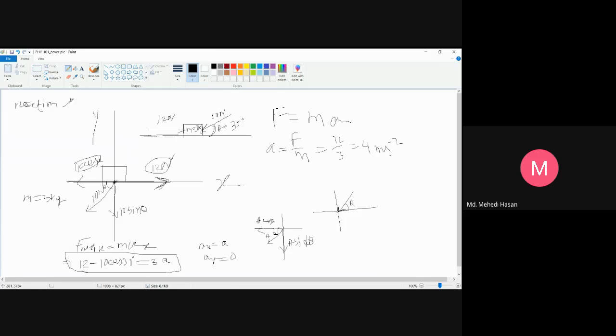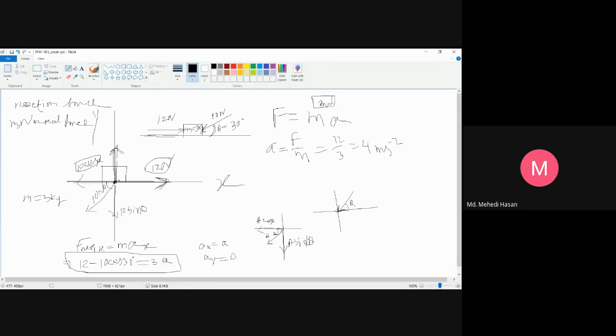Reaction force or normal force is always involved if the object is on a surface. Because the object is on the surface, the surface will give a force in the opposite direction, which is according to Newton's third law. Newton's third law states that if there is an action, there is an equal and opposite reaction.